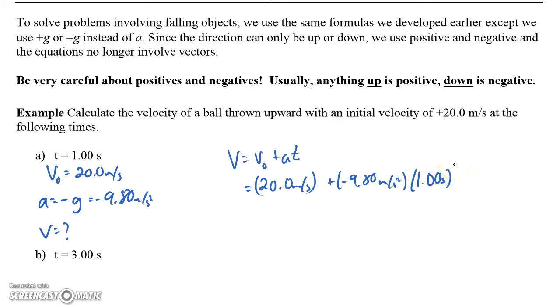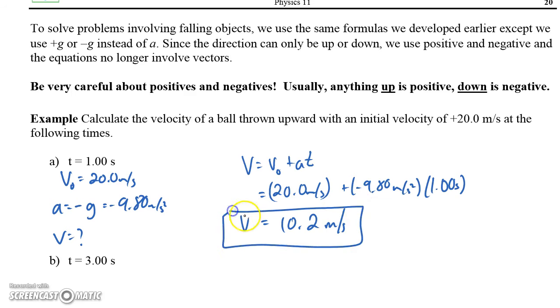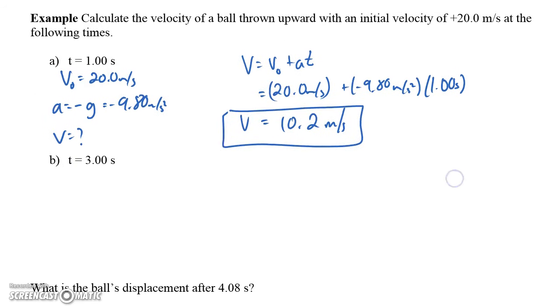Some easy math here. 9.8 times 1 gives us negative 9.8 with the same sig figs. 20.0 minus 9.8 will give us 10.2, and that will be the proper sig figs. So 10.2 is our final velocity after 1 second.